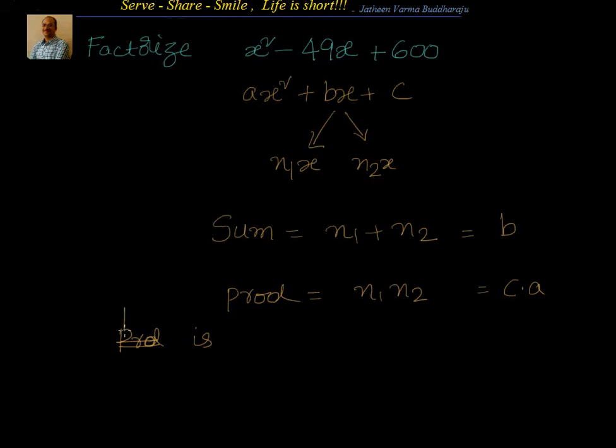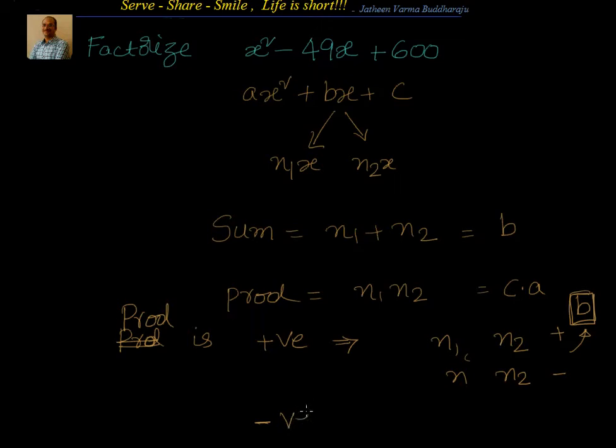If the product is positive, then n1 and n2 will have the same sign, either plus or minus, equal to the sign of b. If b has a positive sign, n1 and n2 also have positive signs. If b has a negative sign, n1 and n2 also have negative signs.